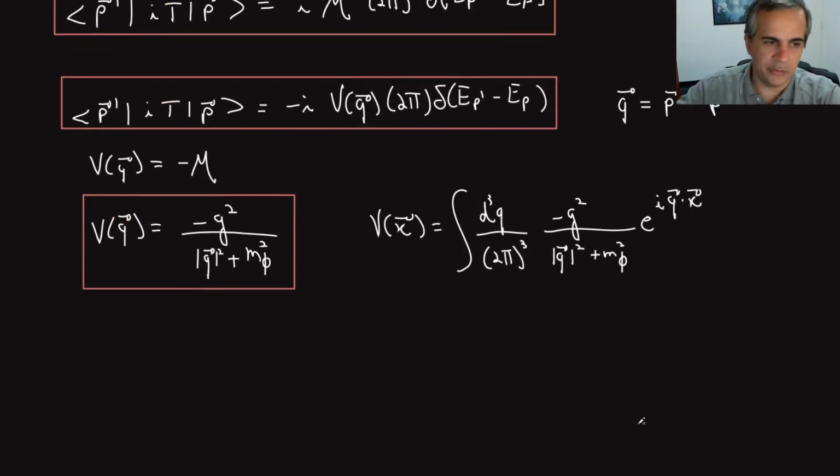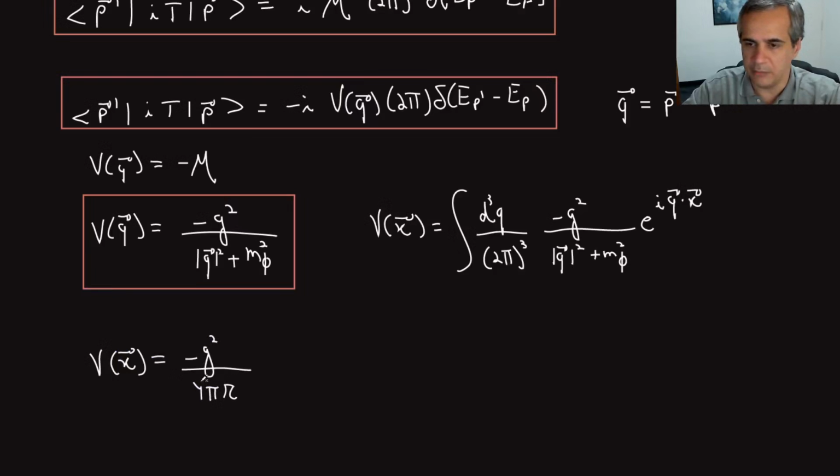And the answer is this: V of X equals minus G squared over 4 pi, times 1 over R, where R is the modulus of X, so it's really the distance to the center of the potential, times exponential of minus M phi R, which is the famous Yukawa potential.